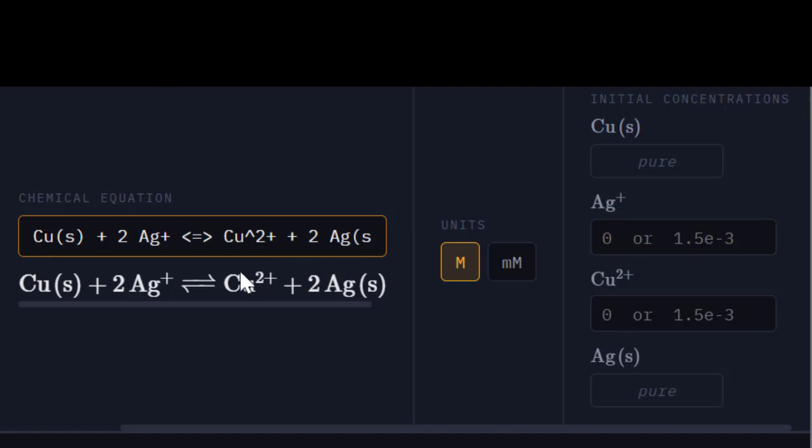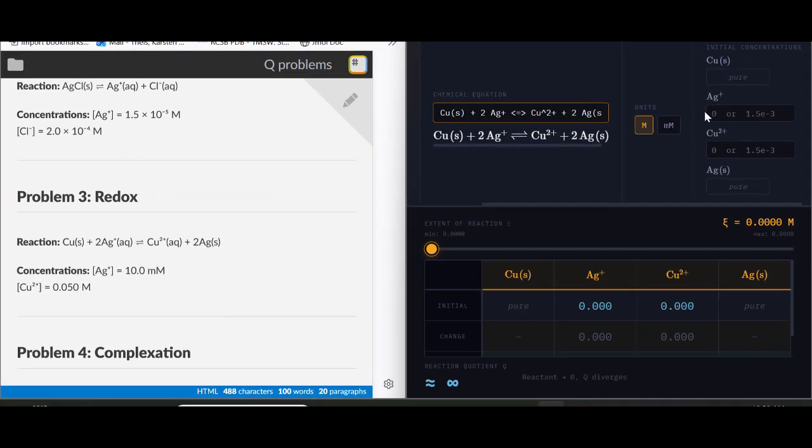They don't appear in the equilibrium equation, but we have to specify what the concentration is of silver ions, and we have that as 10 millimolar. So the quickest way of turning millimolar into molar is to say 10 to the minus 3. And same for the copper. The copper is given as molar, so I can write 0.05, and then it should work out.